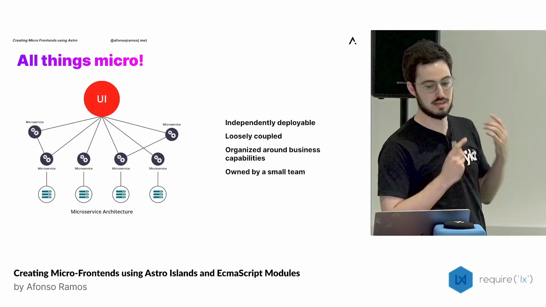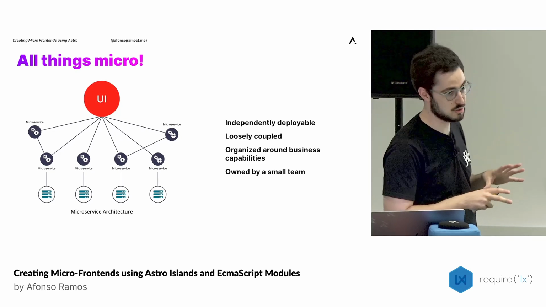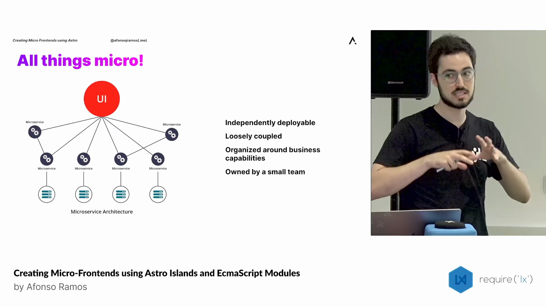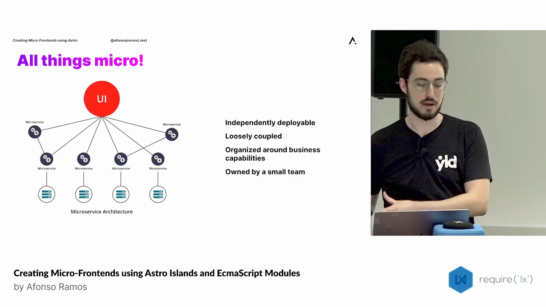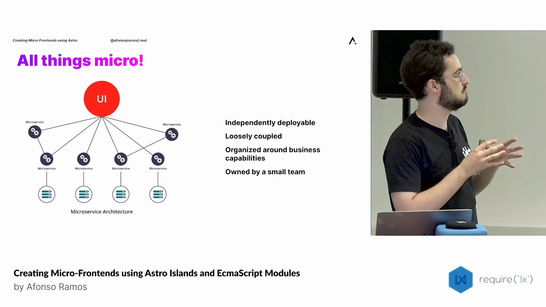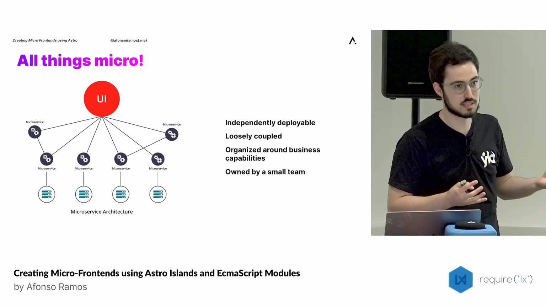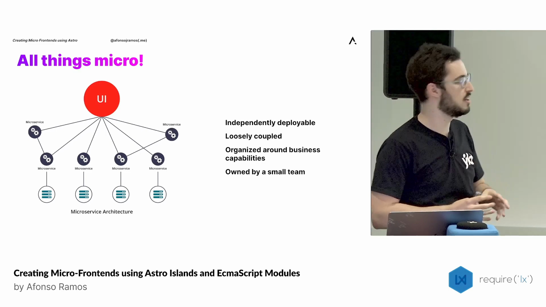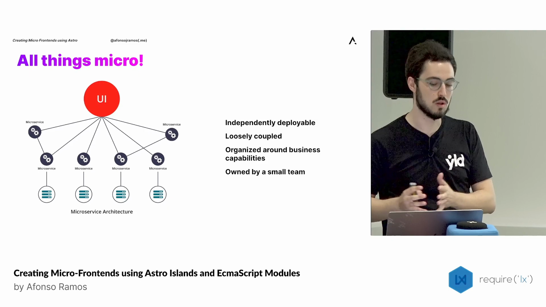Why? Because with microservices, your backend started to get split up, and business logic got centralized in each microservice. You have basically a database per microservice, sometimes, sometimes not, but it all works towards a specific business goal.